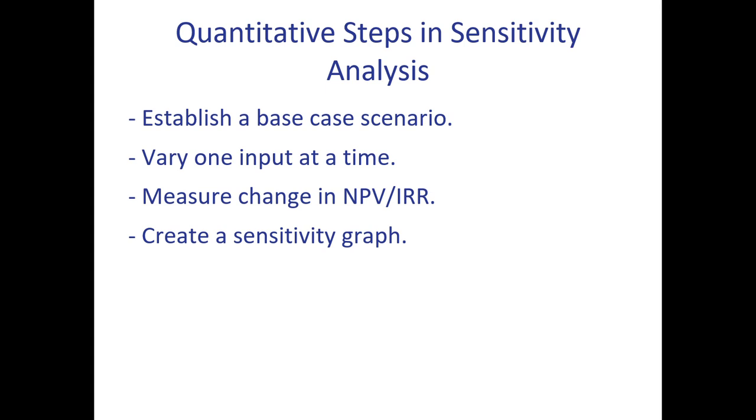For example, we might ask, if the cost of raw materials increases by 10%, how much does our NPV drop? Then, we would use a sensitivity graph to visualize that result. This graph shows us how sensitive our project is to changes in each variable, helping us to better identify the risks of our assumptions.